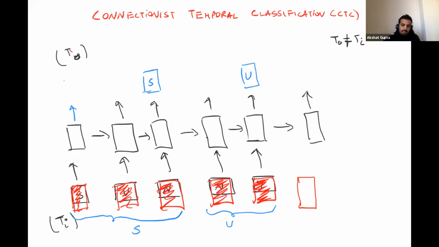If we look under the hood, we have a vocabulary, and we'll have a log softmax score for each token in our vocabulary, and then we'll calculate the loss at each time step and sum it up.